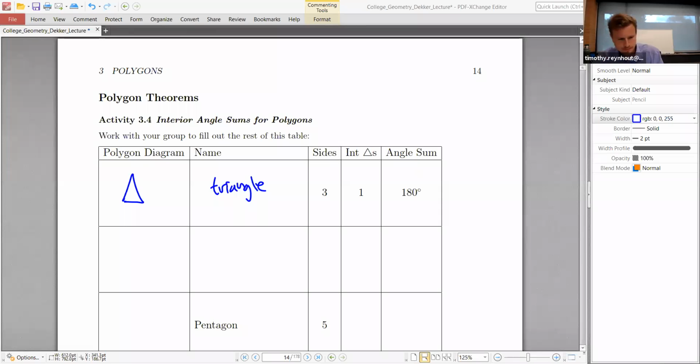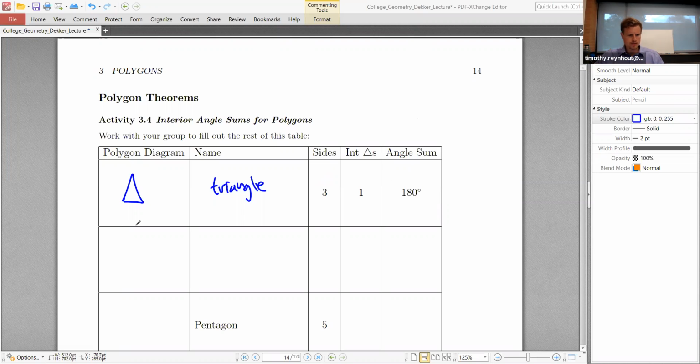All right. So the last time we started taking a look at this activity, saying that when we have a polygon, the line segments of a polygon form the sides, and so we want to consider how many sides are in the polygon and look at those sorts of things.